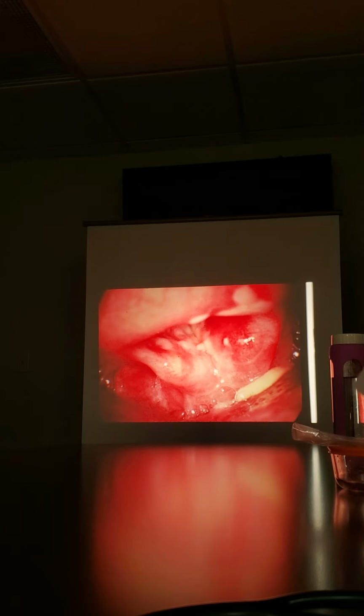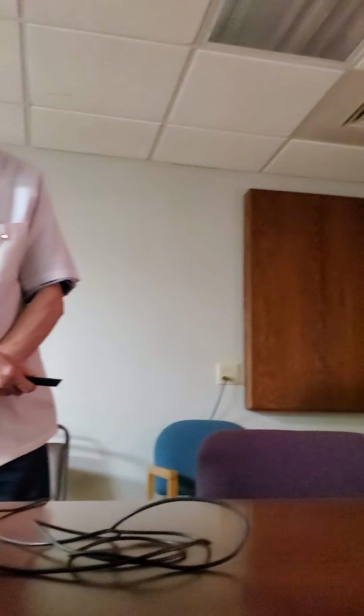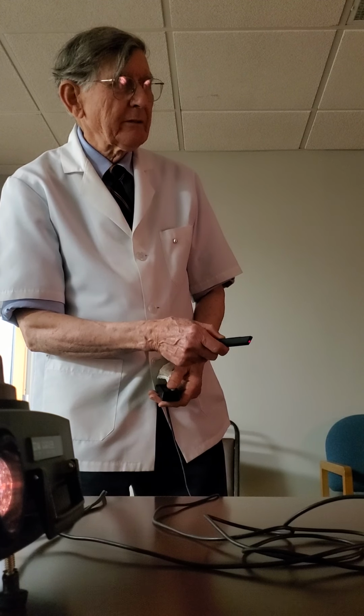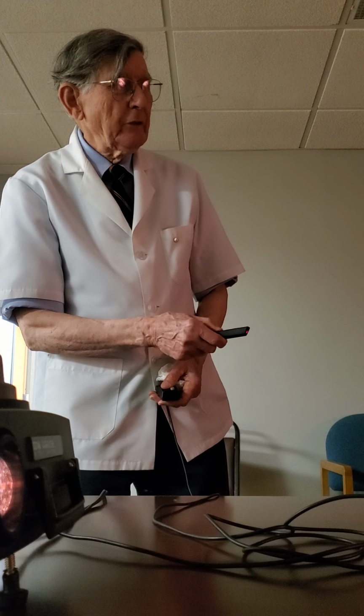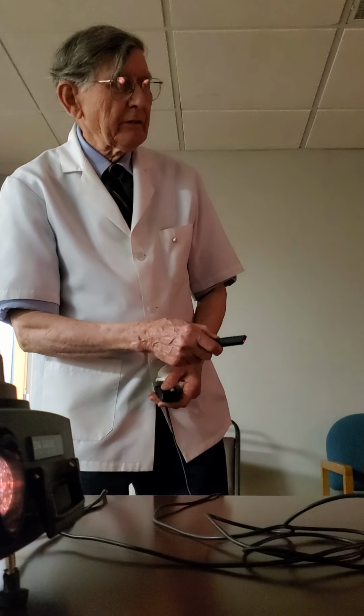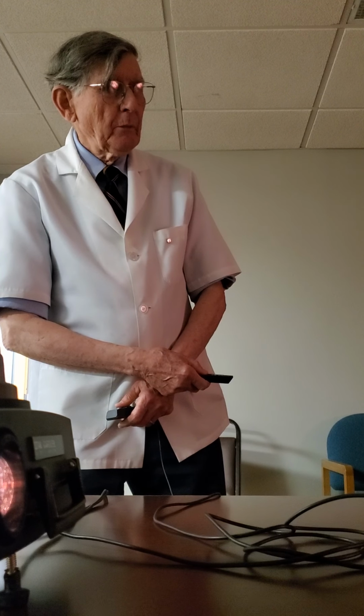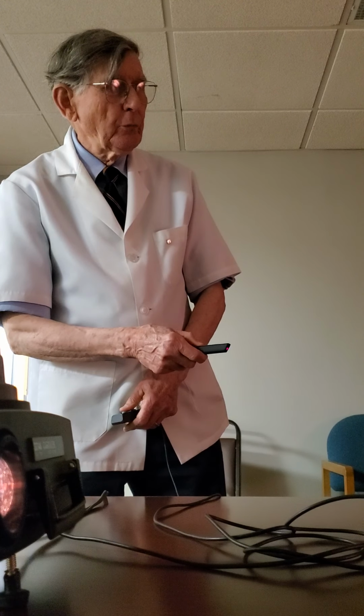Now, in this day and age, they have these glide scopes. You've probably seen them. They have a way of taking a picture as they use their laryngoscope to see where the opening is in the cords. That helps immensely. They also have these LMA tubes that they can place over the top of the larynx to assist with ventilation. They don't all have to be tubed.